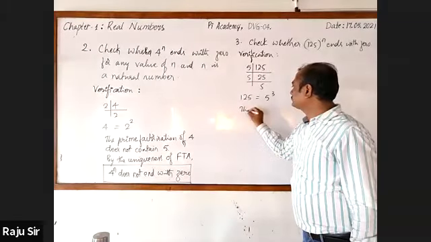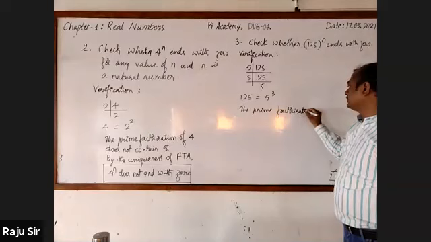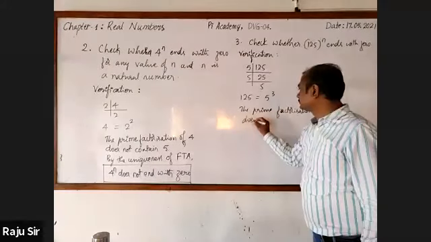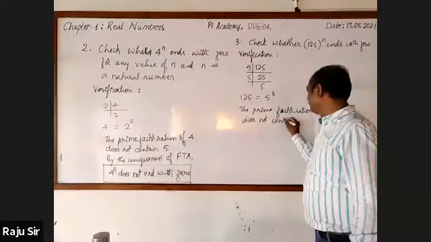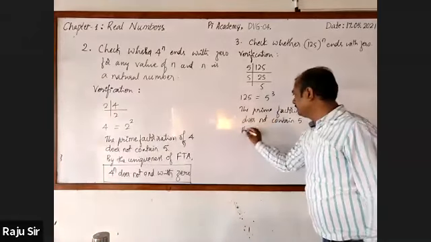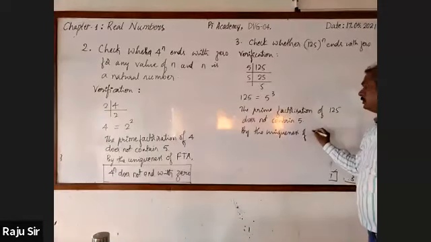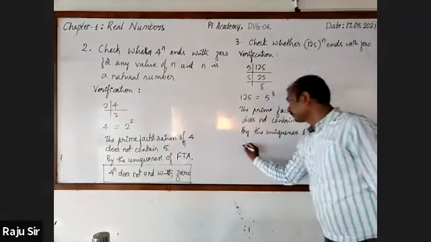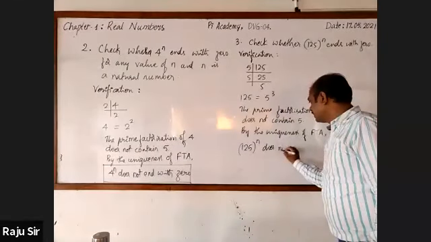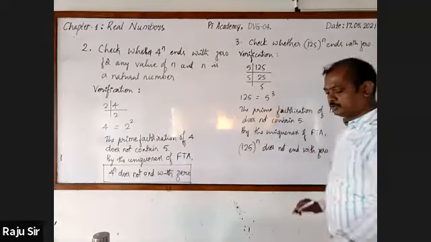Right. The prime factorization of 125 does not contain 2, by the uniqueness of fundamental theorem of arithmetic. 125 whole raised to the power n does not end with 0.